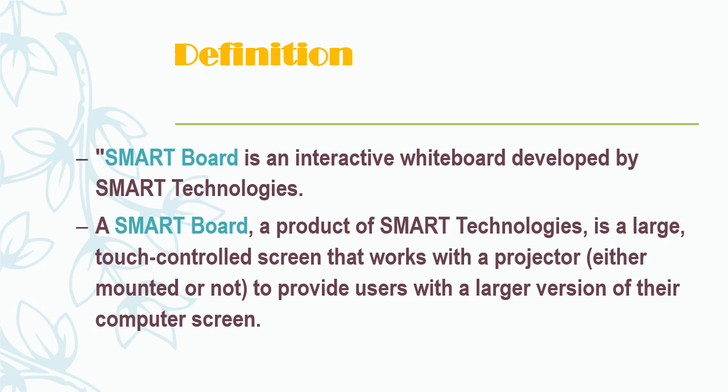Mounted means the SmartBoard has wheels. It moves, I mean, to provide users with a large version of their computer screen. So the SmartBoard is connected to the computer screen to be larger so that all the students in the classroom see what is happening.